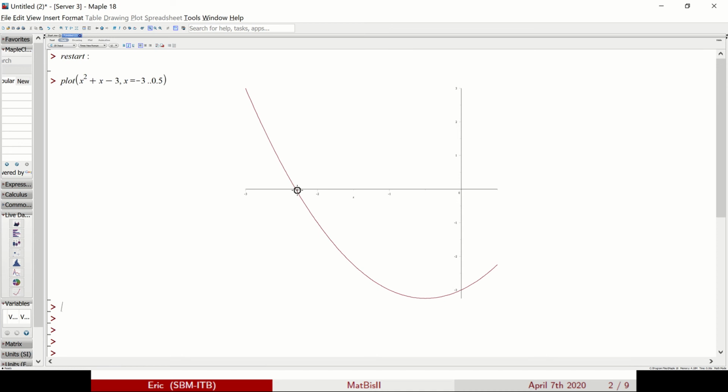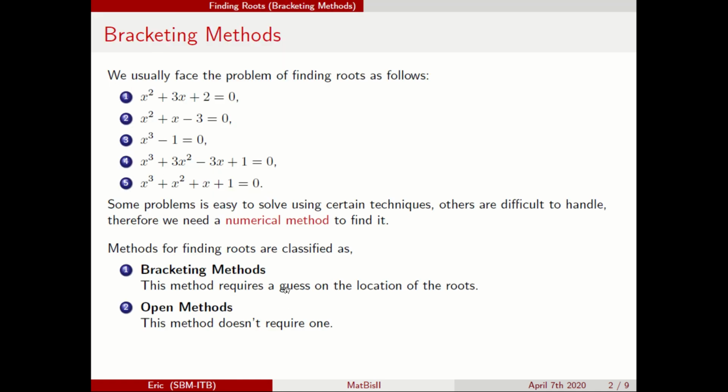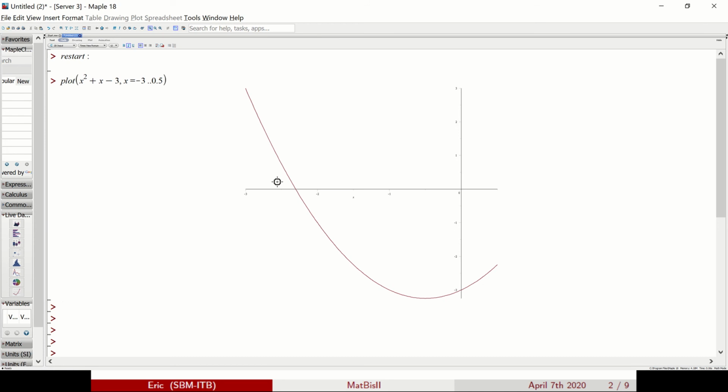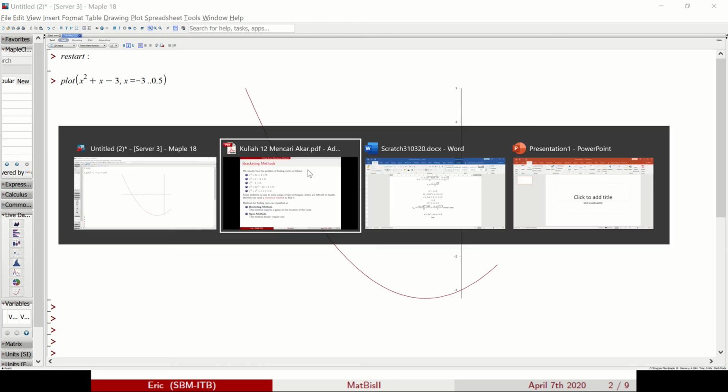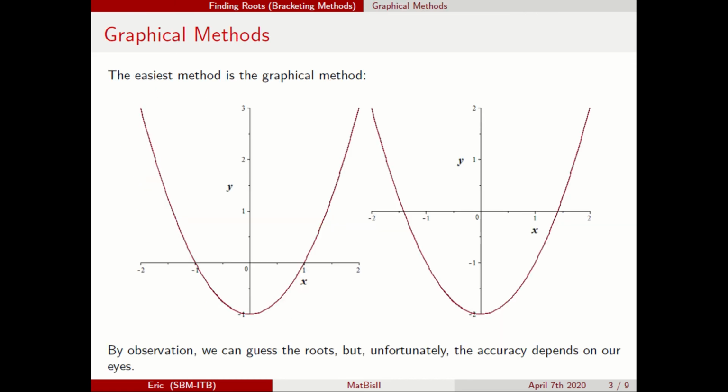But what exactly is it? I don't know, but it is near that. How do I find this? You can use the bracketing method, so you have to have a guess where the location of the roots is. But for the open methods, you don't have to know where the location of the roots is.